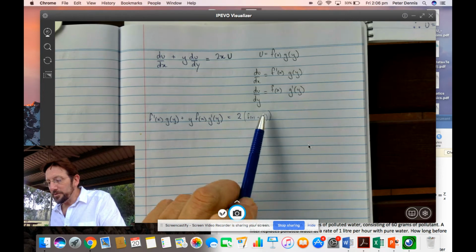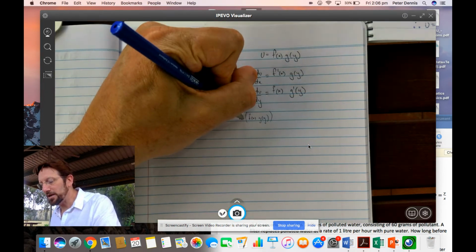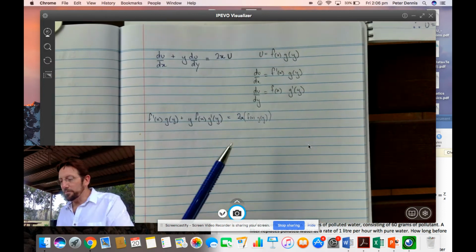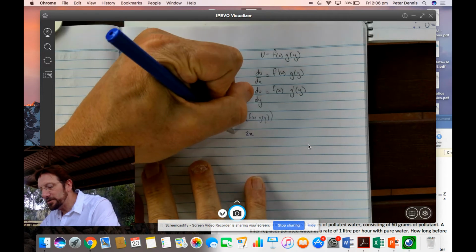Now the next step is we're going to divide everything by this. There should be an x in there as well. So when we divide everything by this, obviously this side's just going to stay as 2x.